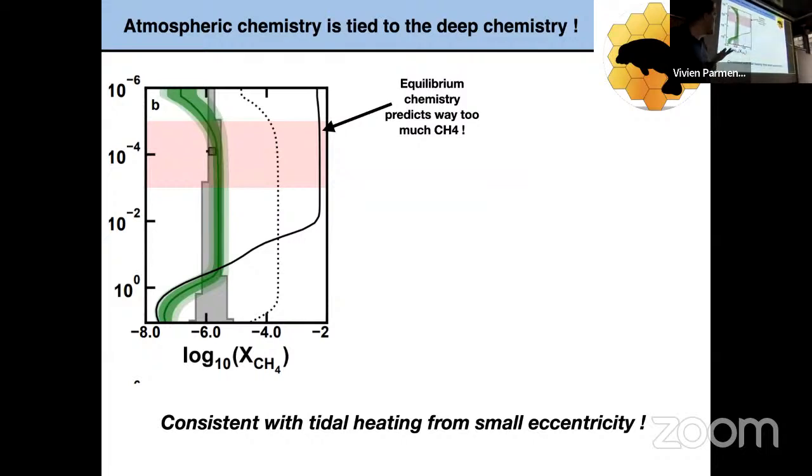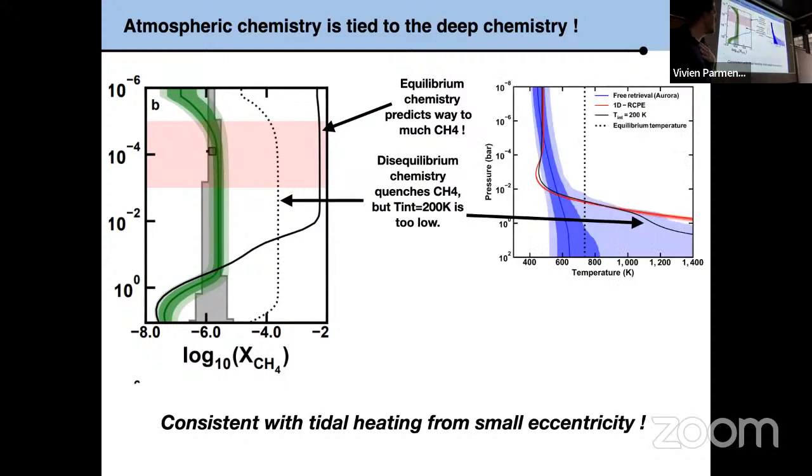So one idea to drive this atmosphere out of equilibrium is this approach of chemical quenching from the deep interior. We know we have that in Jupiter, I think it's phosphine in Jupiter, PH3, and CO also is quenched from the deep layers.